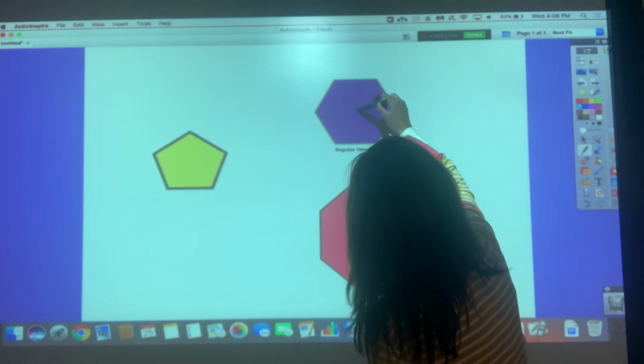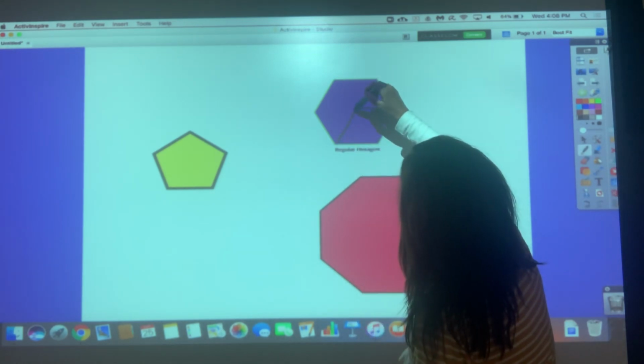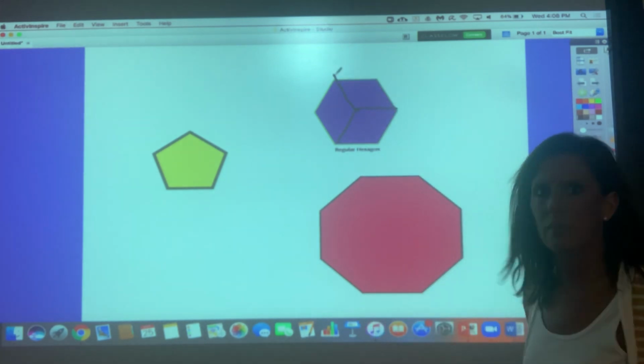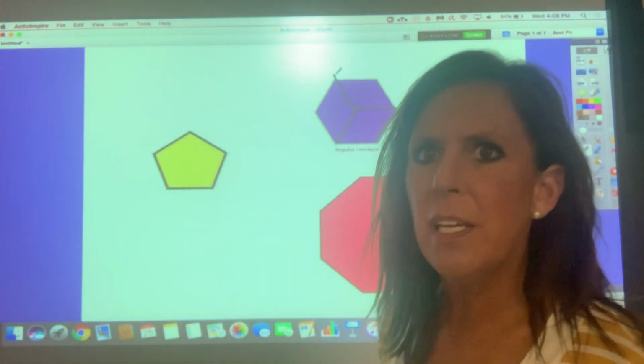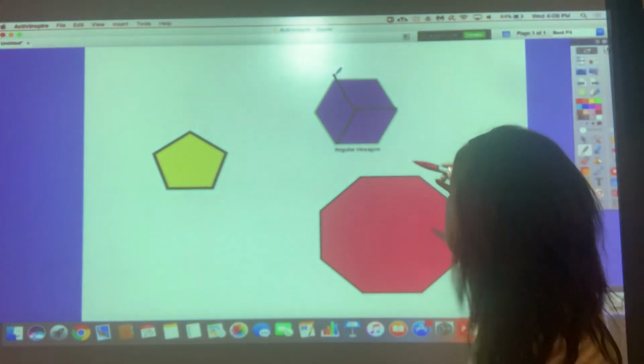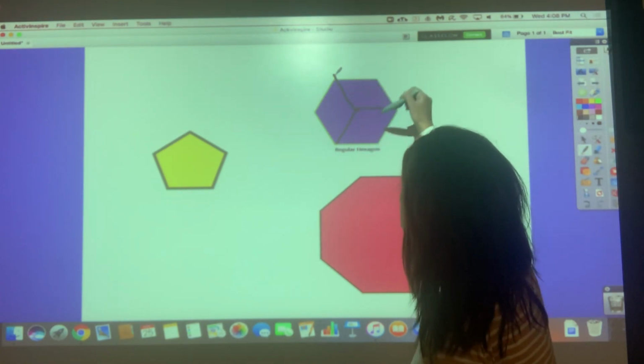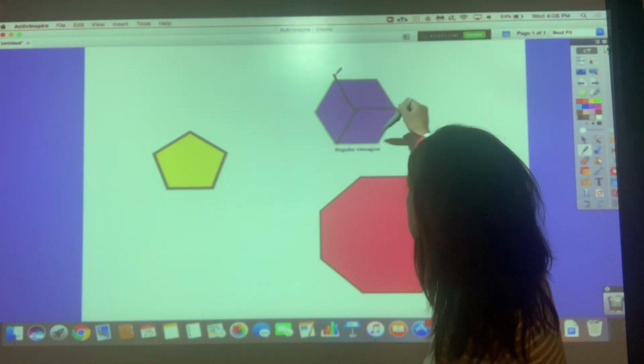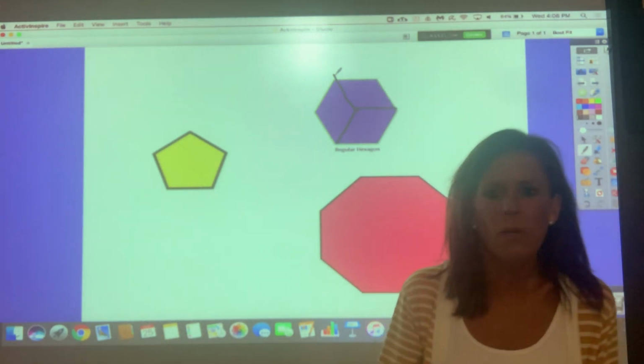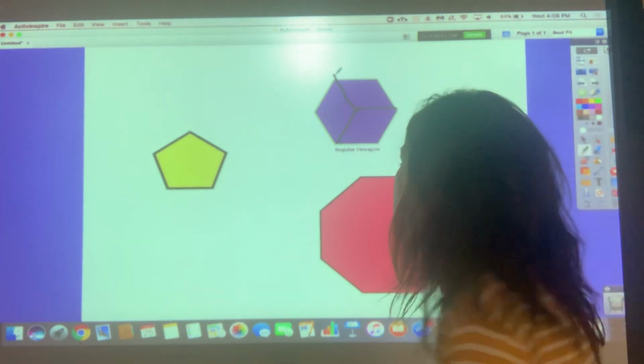I'll put a dot here. We're going to go this way and this way and this way. So I have split this regular hexagon into 3 identical rhombuses.